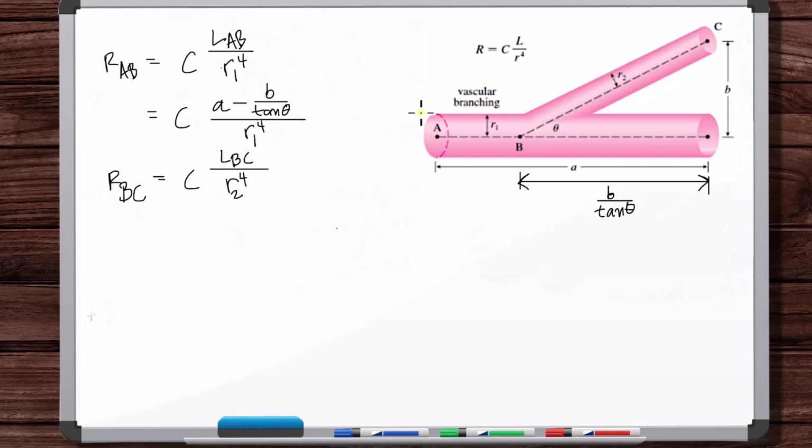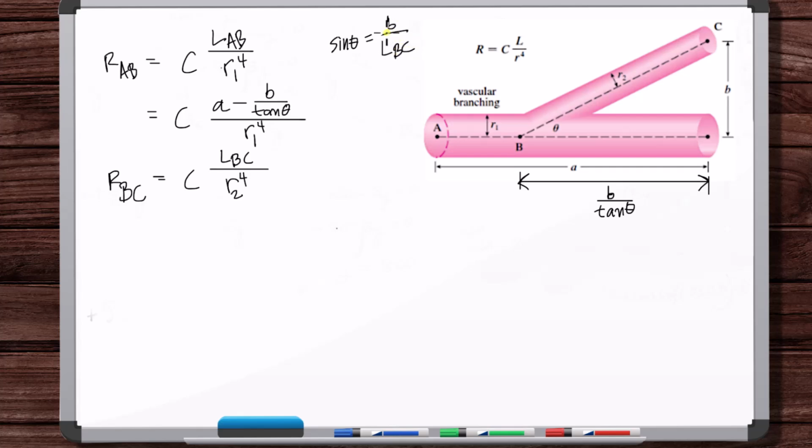Okay, now what is L_BC? Sine of theta is opposite over hypotenuse.